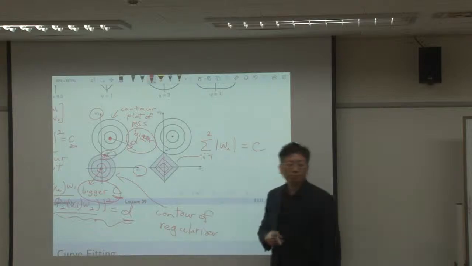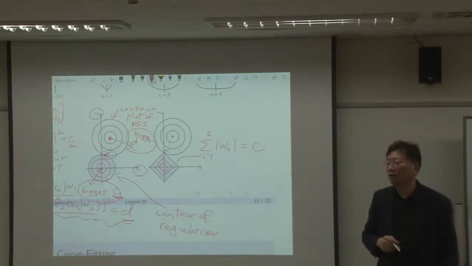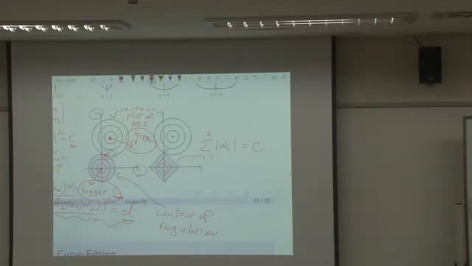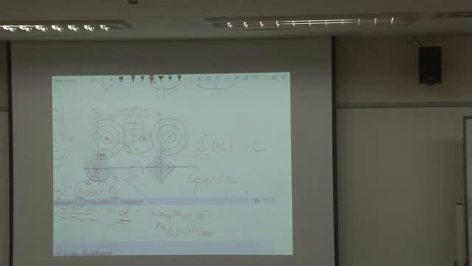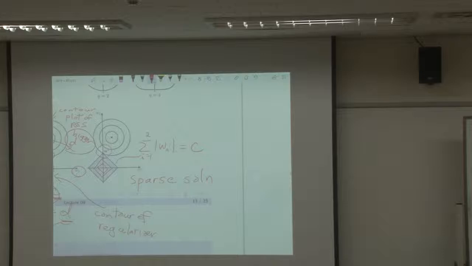So, when Q equals 1, most likely we're going to get a sparse solution. We call that a sparse solution.